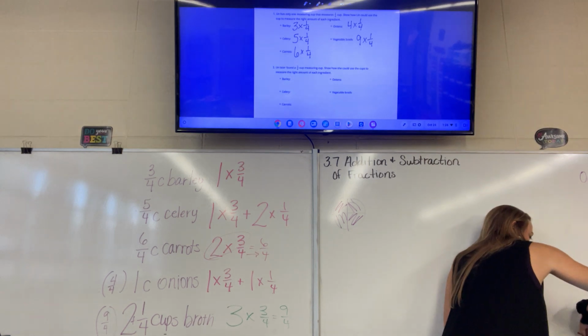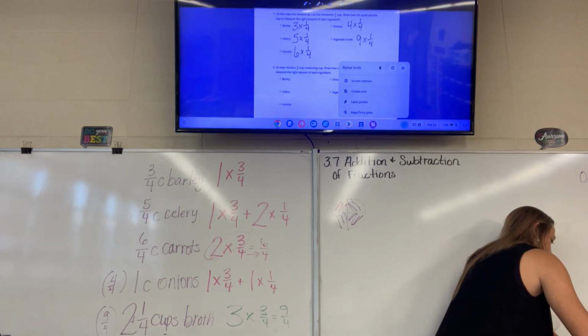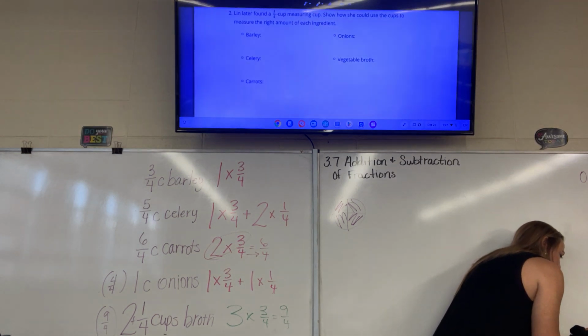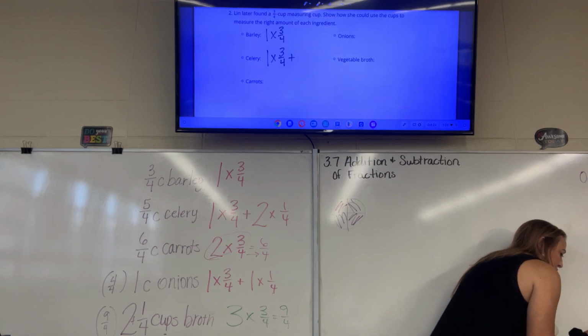All right, so for barley, we're gonna do 1 scoop of the 3/4. For celery, we need to get to 5/4. So I'm gonna do 1 of the 3/4 plus 2 of the 1/4.